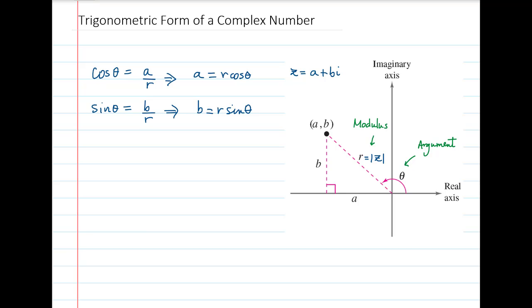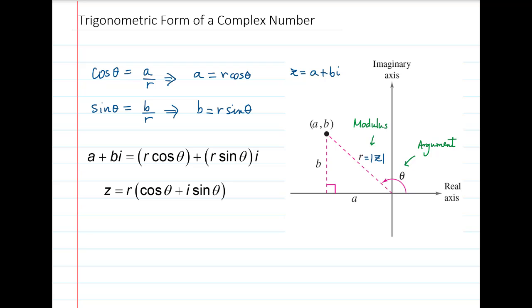Now, solving for a and b, we're going to get that a is equal to r cosine of theta, and b is equal to r sine of theta. Remember, this is something we've done before in other topics, but now we're applying it in the context of complex numbers. R here for us is the modulus, theta is going to be called the argument. So we can replace our z equal to a plus bi with an expression in terms of the modulus and the argument.